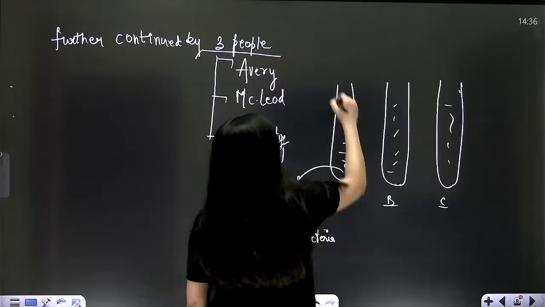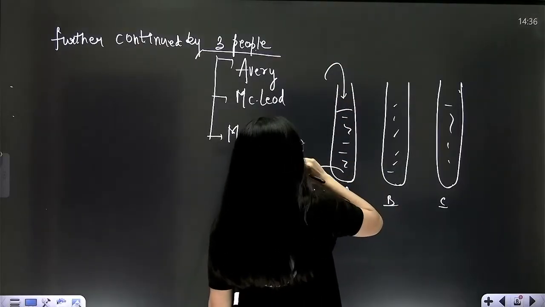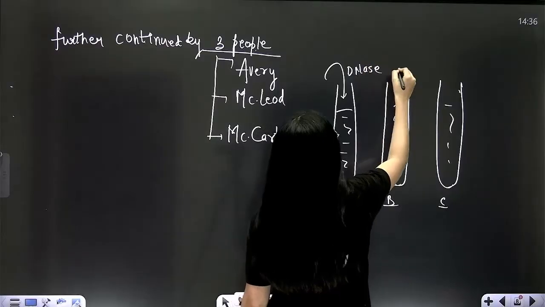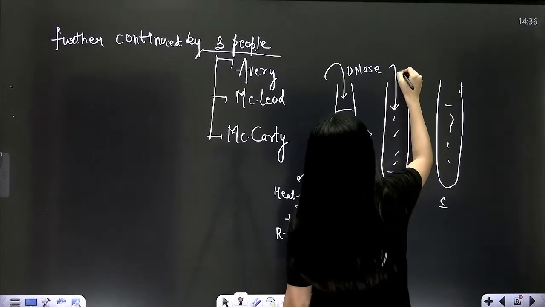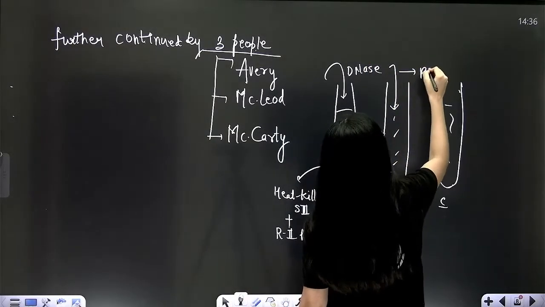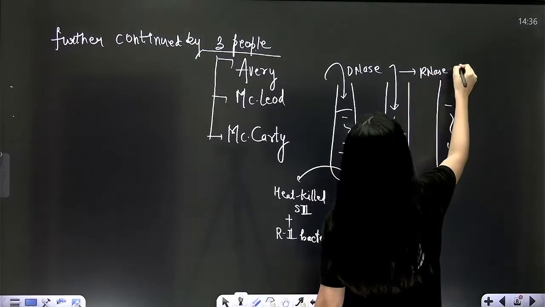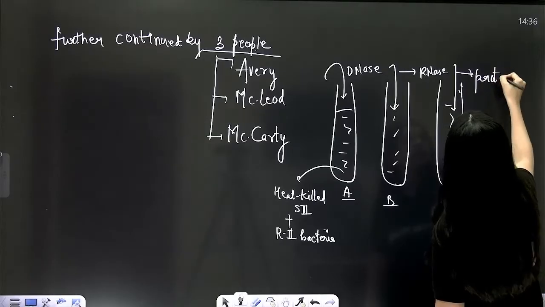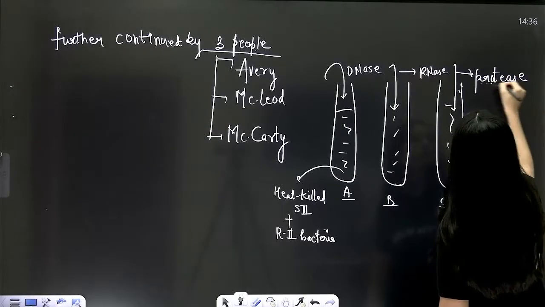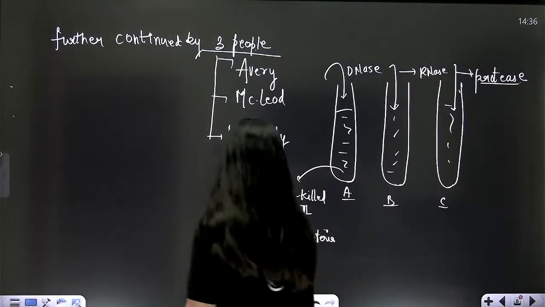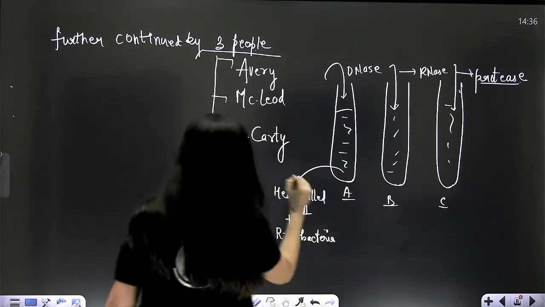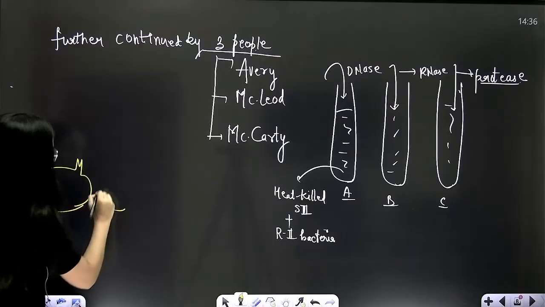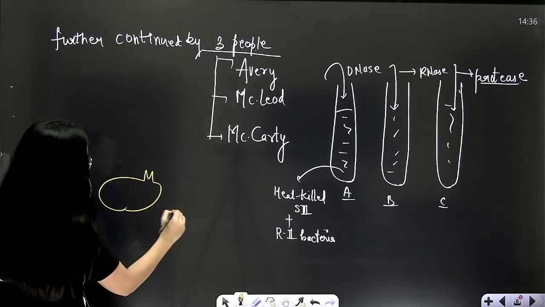Now, in the first, along with the medium, they added the enzyme DNase. In the second, they added the enzyme RNase. And in the third, they added the enzyme protease. Clear?